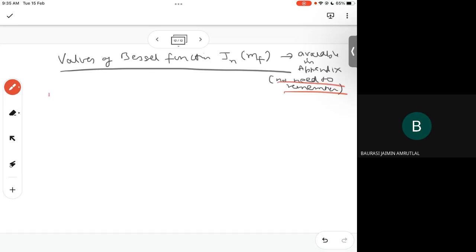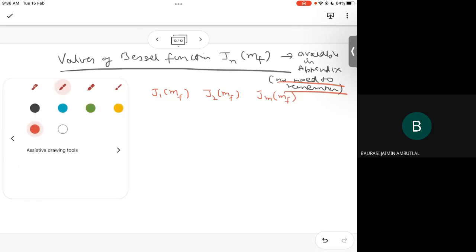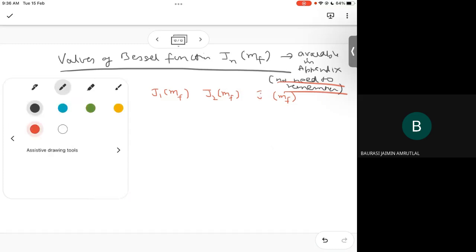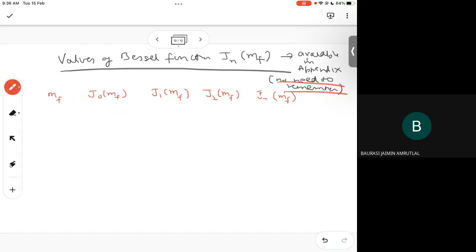So if I have the various values of MF, then what will J0 MF be? What will J1 MF be? J2 MF, J3, and let's say J4 MF.